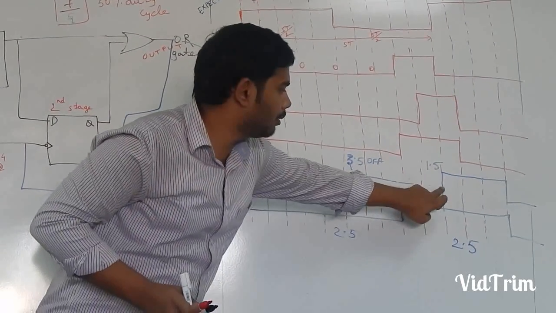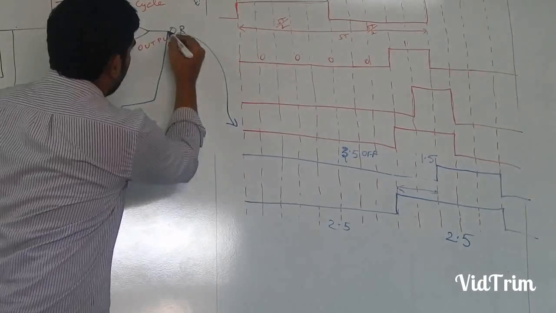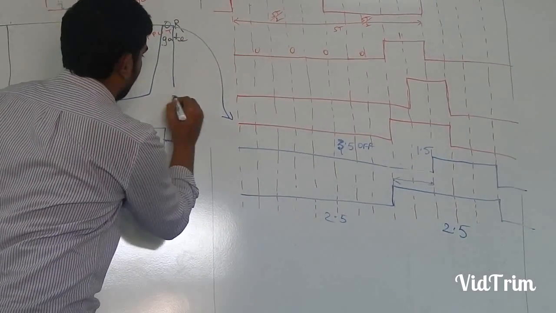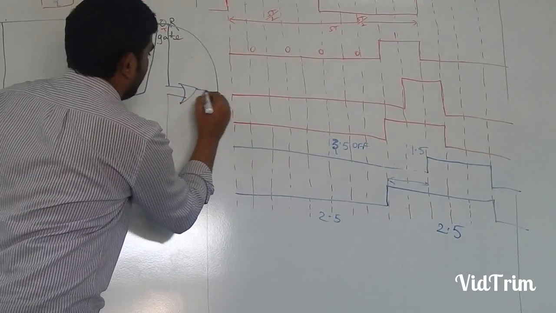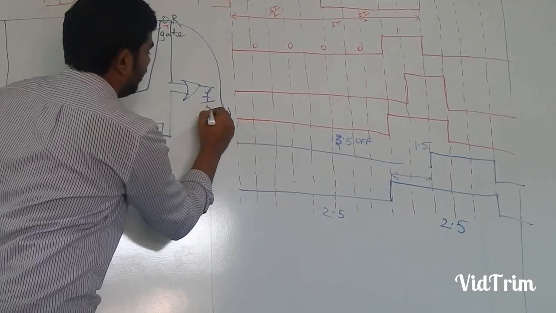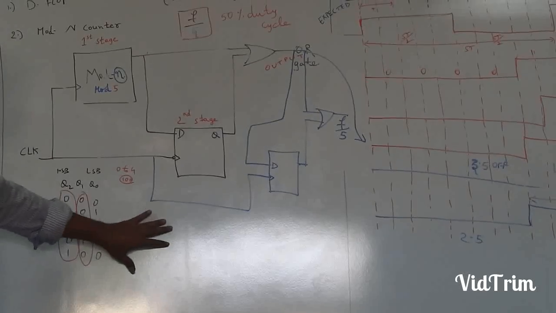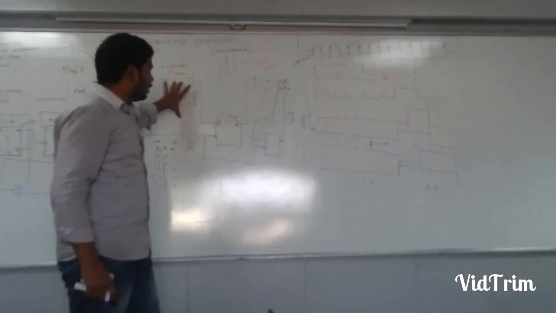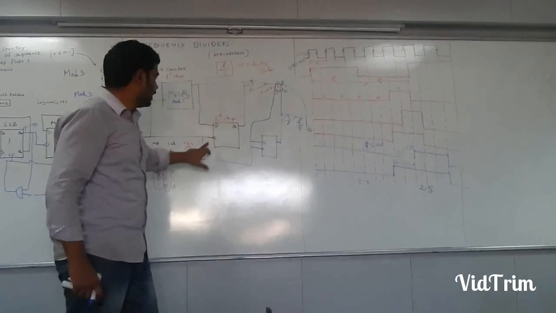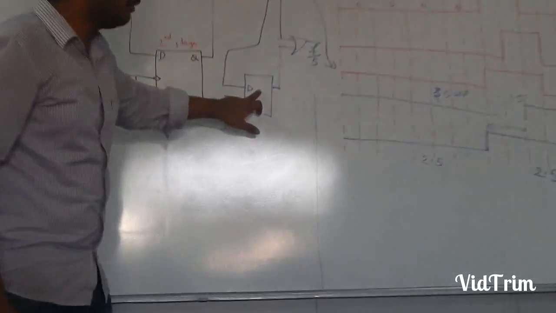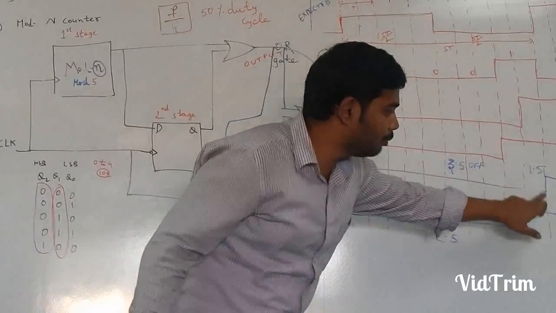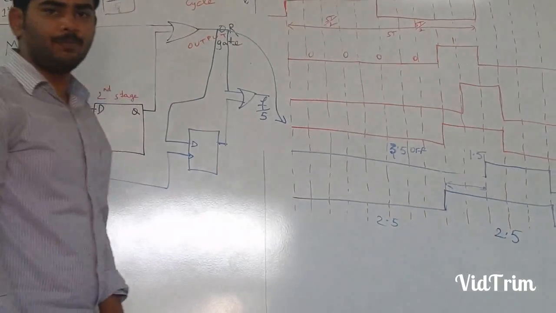Then this output and the delayed output, I'll send to an OR gate, and this is my frequency divided by 5. Solved. So apart from the modulo counter and capturing at negative edge, I also require one more flop to make 1.5 as 2.5.